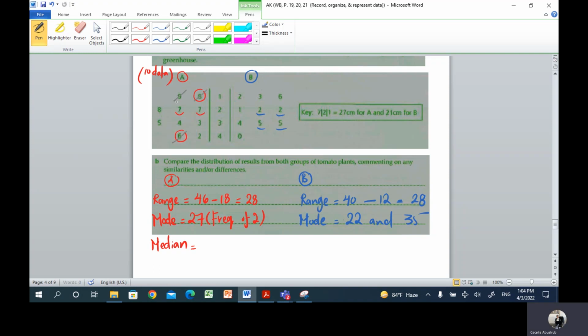So 18 with 46, 19 with 42, and here 27 with not 33, not 34, with 35.